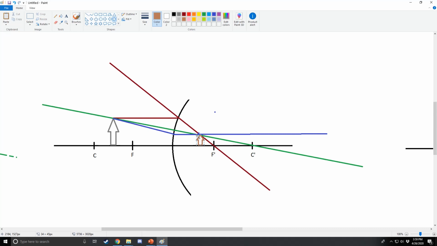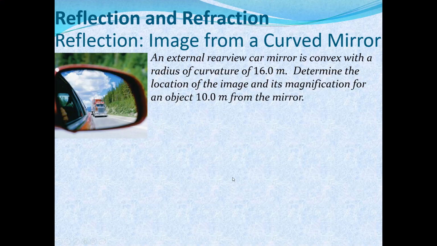So expect an image to be, I would say, 6 meters away inside the mirror, small, probably like a third of the original height. We use the sign convention because the image distance is now inside the mirror.